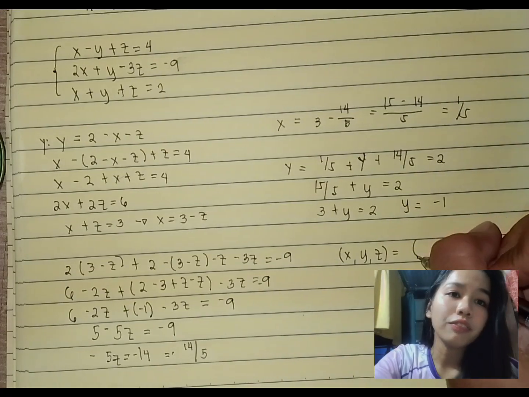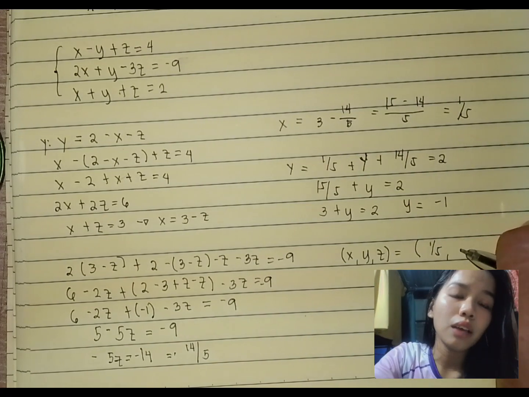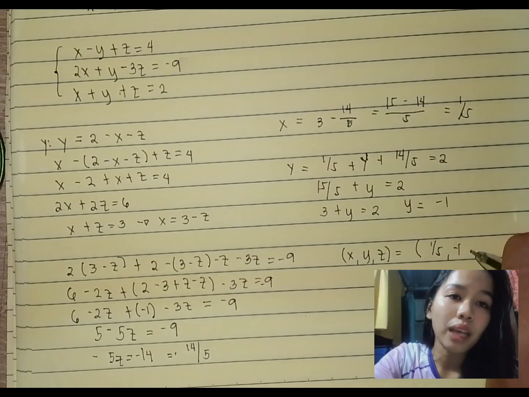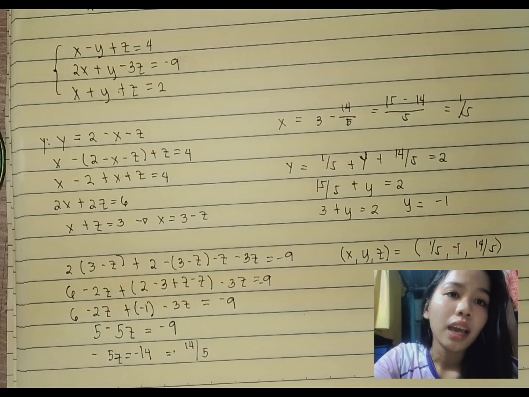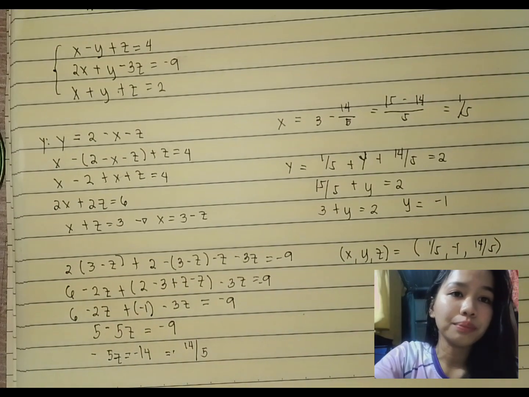Now, for the final answer, it gives us that the values of x, y, and z are 1/5, -1, and 14/5.